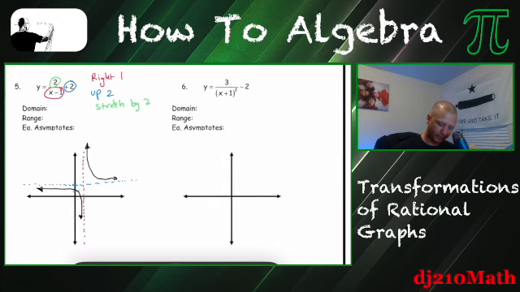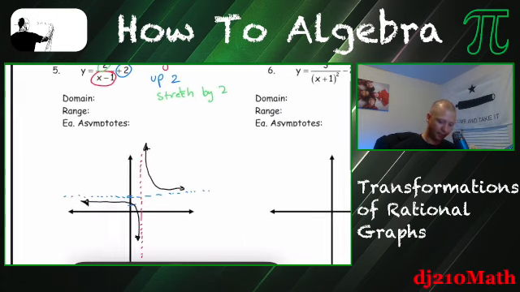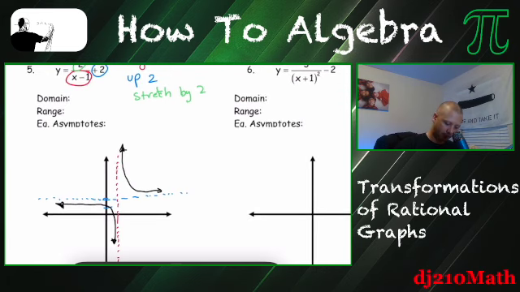Okay. I guess to be complete, the domain, if you've already answered it, x is going to be negative infinity up to 1, union 1 to infinity. Range is negative infinity up to 2, union 2 to infinity.